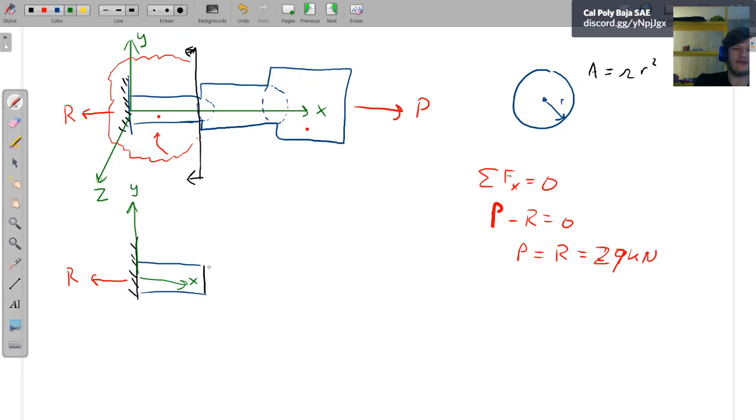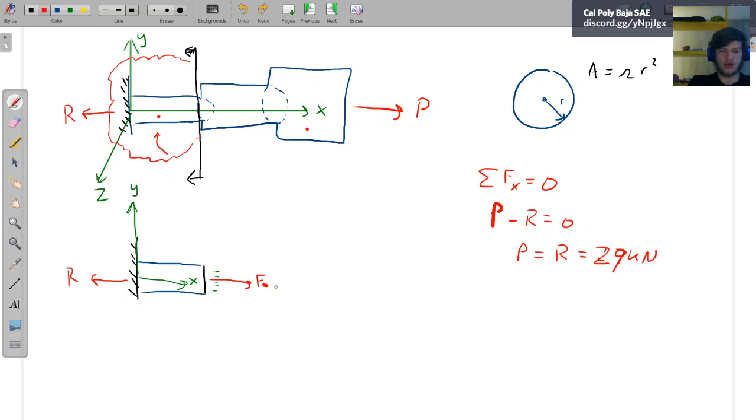But now there has to be something happening here that resists this R. Now this is where you start to see the differences and similarities between a force and a pressure. Or sorry, between a stress and a pressure. So we know that the stress here is equal to a force divided by an area. I'm just going to loosely say, for the sake of argument, I have some interior force here, Fi.